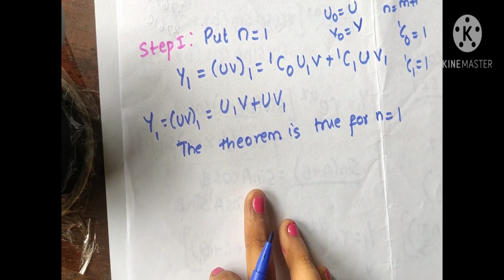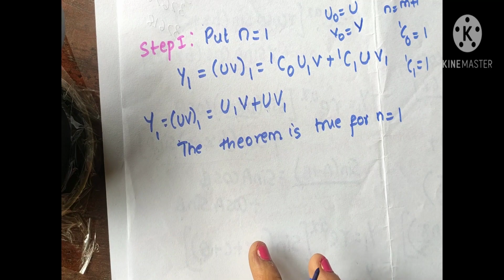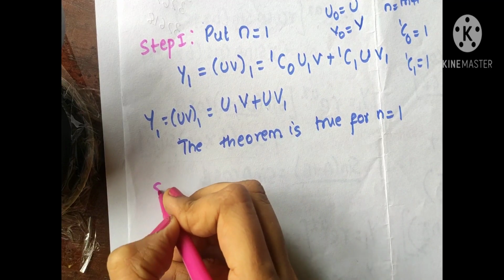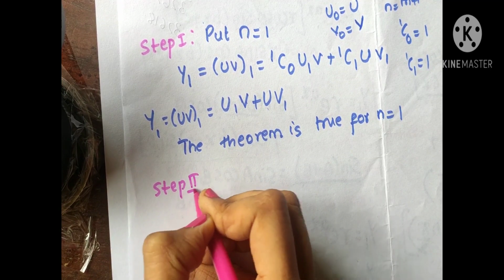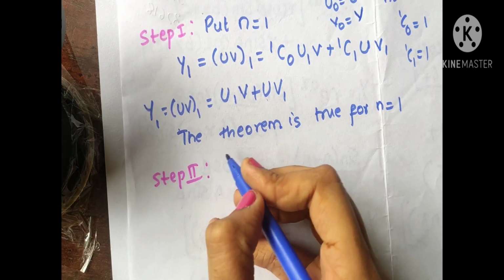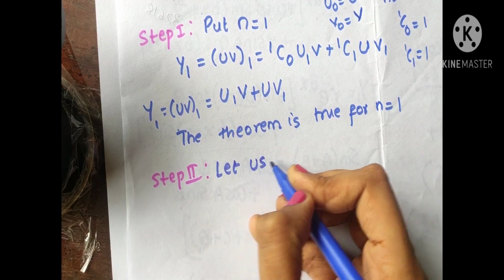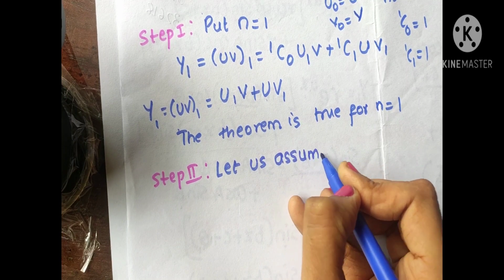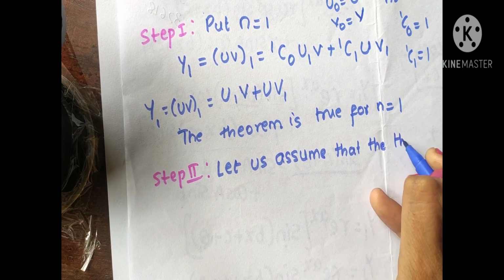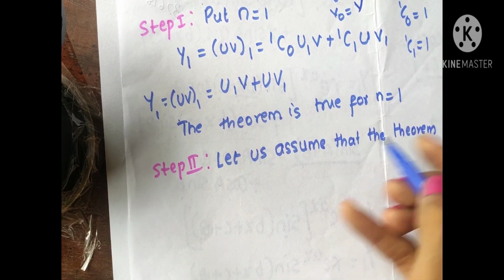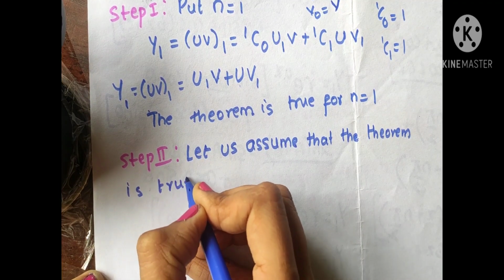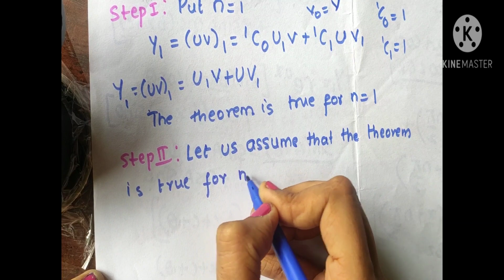So the next step is what? We are assuming the theorem to be true for n equal to m. Let's move, that is step 2. Let us assume that the theorem is true for n equal to m.